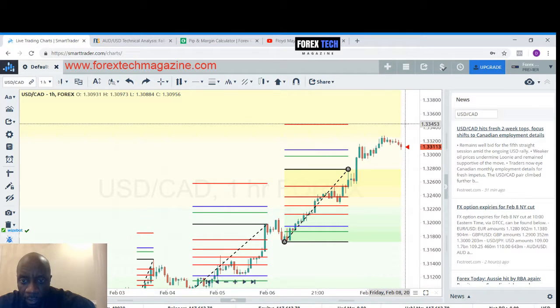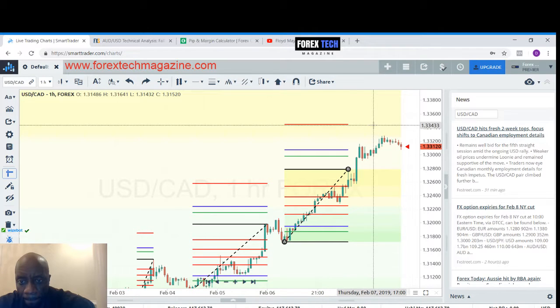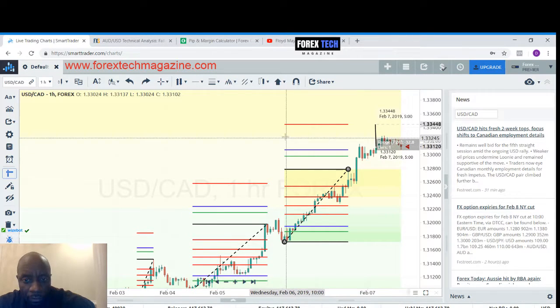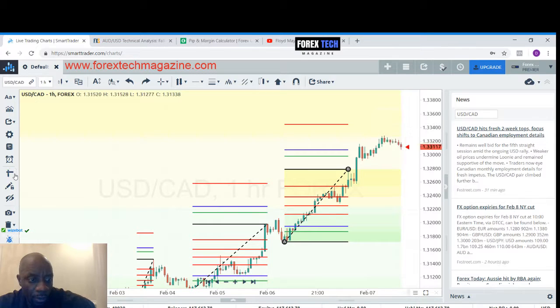We'd probably expect within the next 24 hours to hit this target, which would be here. How many pips away are we? It's only about 32, so less than 40 pips away. So hopefully during the American session, it will hit the target for this particular pair.